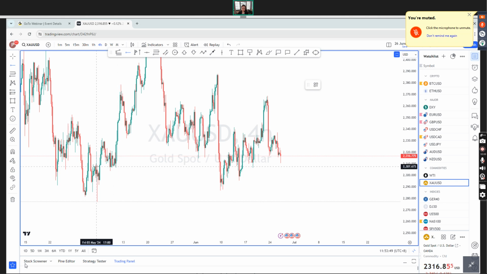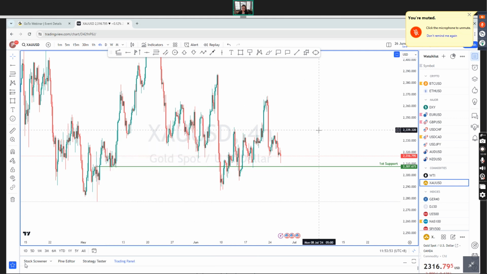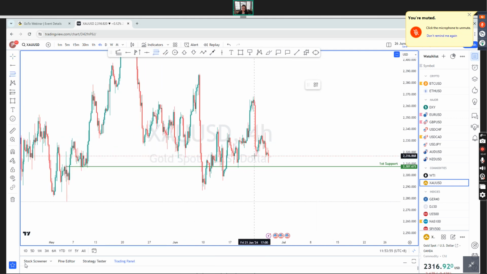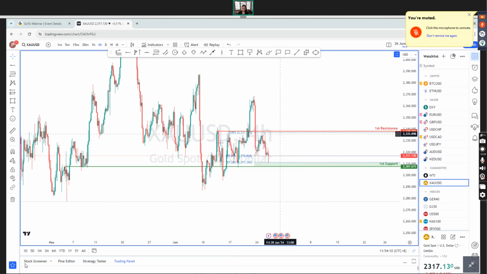But tonight, or tomorrow, this could be your first support, which is where price comes to my extension. This is key resistance, which price has already come to.